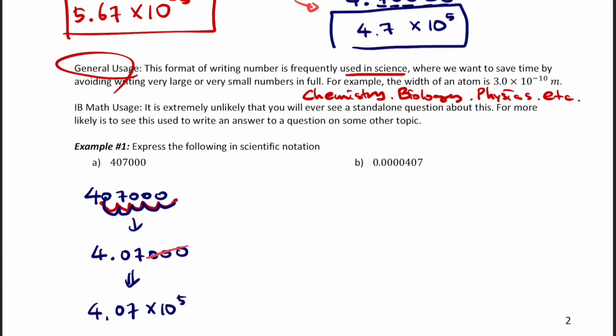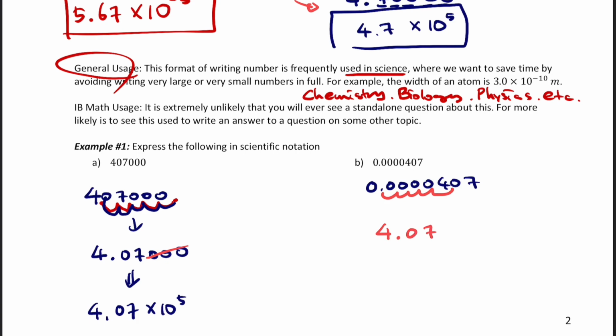Then let's look at question B. We have the number 0.0000407. We have to move the decimal place until we have only one number on the left hand side. So we can do 1, 2, 3, 4, 5. We have moved the decimal place right after 4 again.